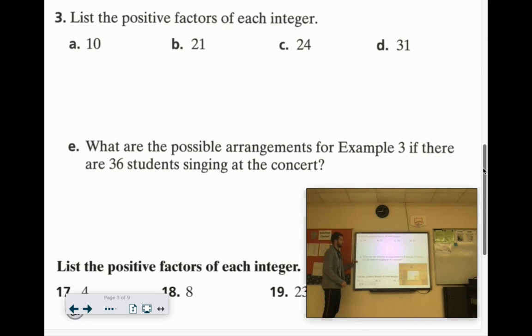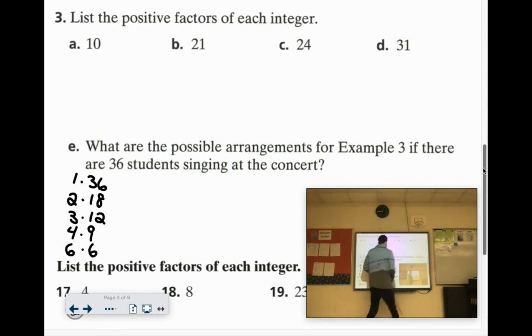Here we have to list the factors of 36, which could be 1 times 36. 2 goes in there because it's even. 2 times 18. 3 times 12 gets you 36. 4 goes in there. 4 goes in 9 times. And 5 does not. 6 times 6. So here are all the factors of 36.